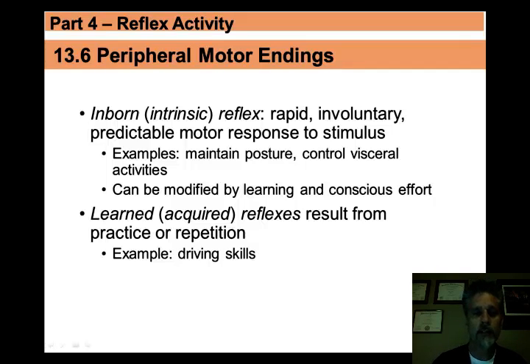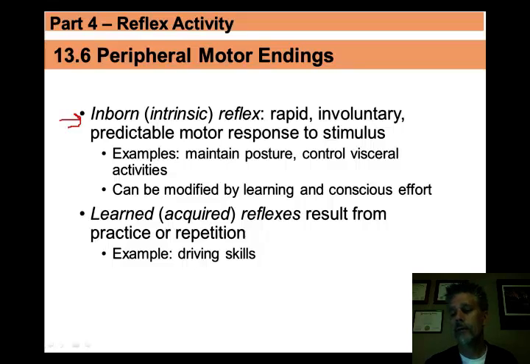So what we'll find is that there are a couple of different types when we talk about reflexes. The intrinsic ones are often the ones we're talking about in this example, where we're trying to maintain homeostasis, maintain body position, things like that.